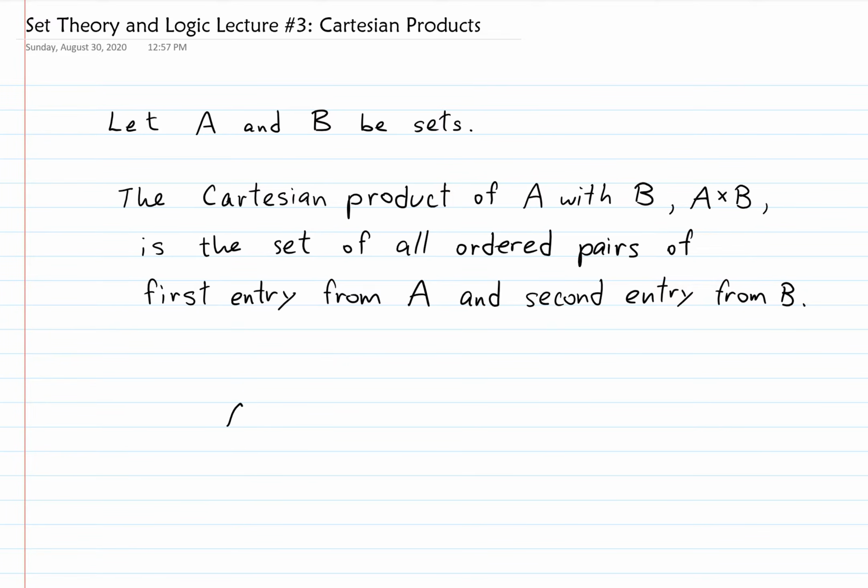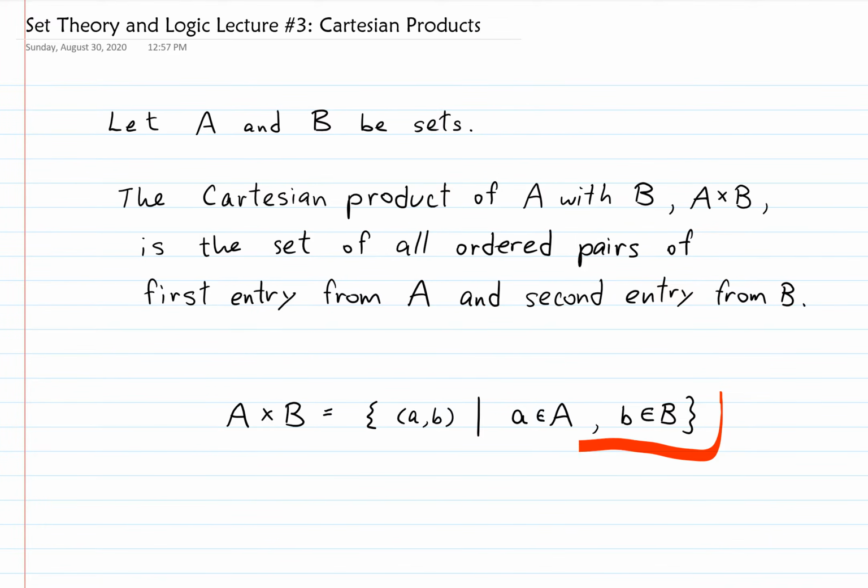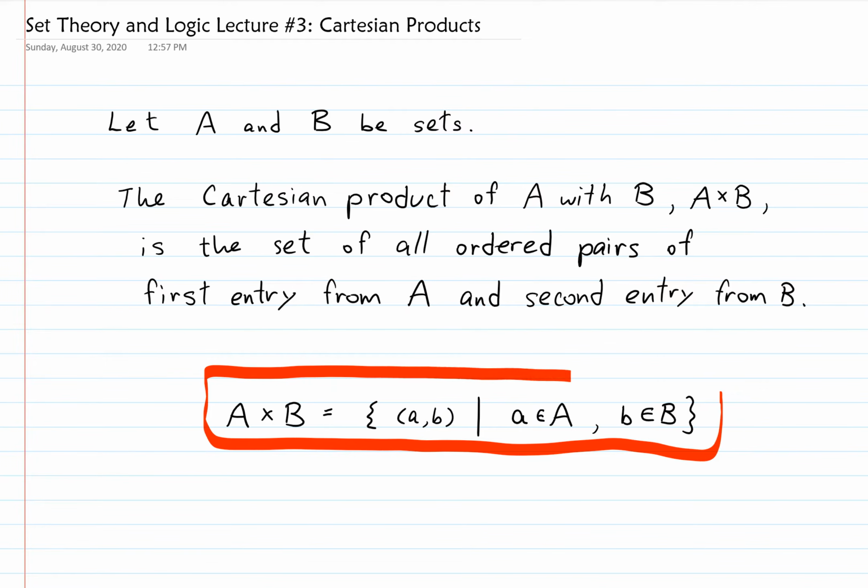Okay, we write A cross B equals the set of all ordered pairs (a, b) such that the first entry a is from the set A and the second entry b is from the set B. That is the Cartesian product of A with B. The Cartesian product of B with A is something different, isn't it?